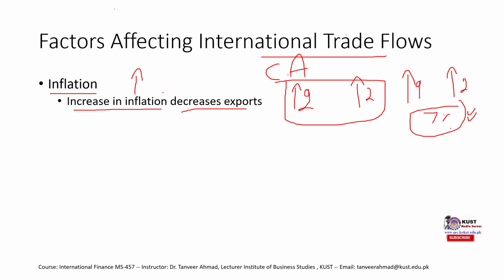So if the commodity prices increase locally, consumers would shift their purchasing or consumption to foreign goods, as compared to local, foreign goods would be cheaper.